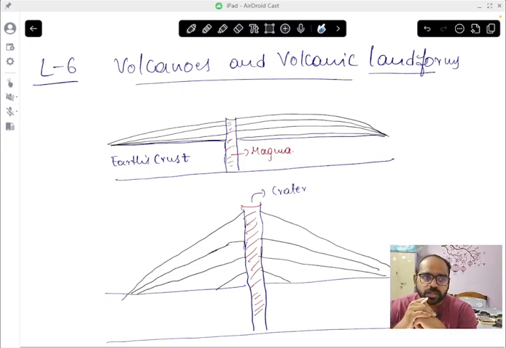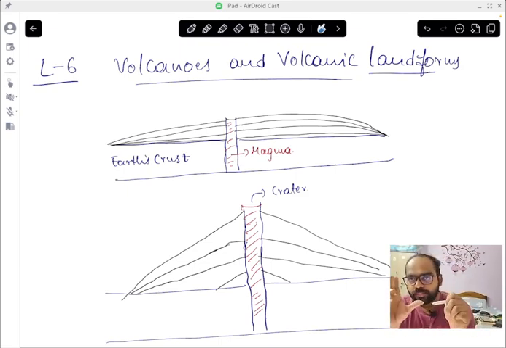So, what actually comes from inside of the earth? We have all learned about the asthenosphere, where we have magma. That magma makes its way through the crust of the earth and comes out as lava.